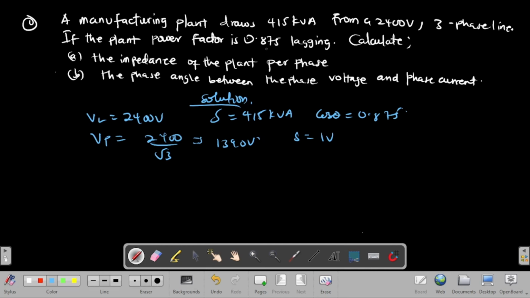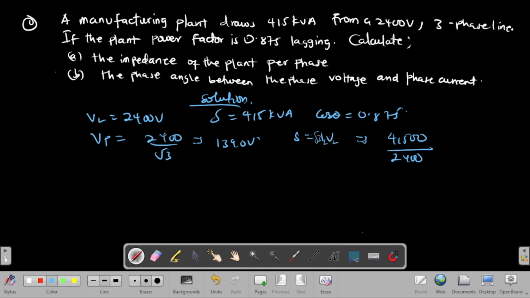To find the phase current from here, we are simply going to have our S here, which is 415000, over our 2400, which is our line voltage. Because as I told you, the formula for this is IL VL multiplying by root 3.